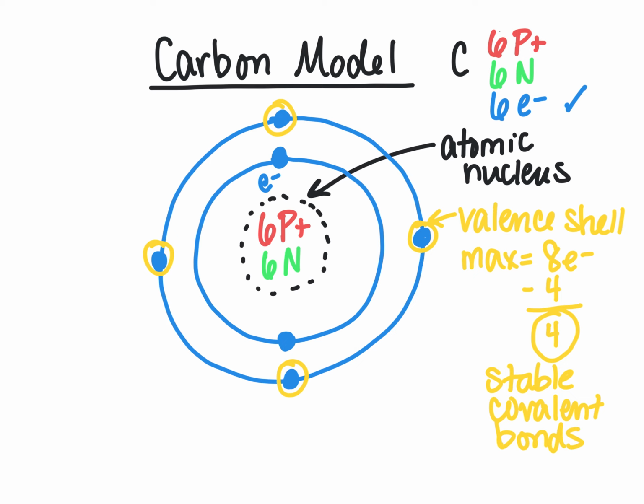Now, this ability to form 4 stable covalent bonds really gives carbon a lot of flexibility with regards to what other atoms it can form bonds with, and we can end up with a wide variety of different molecules and compounds that can be made using carbon as one of the primary elements.